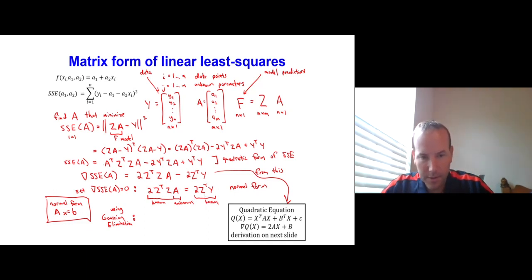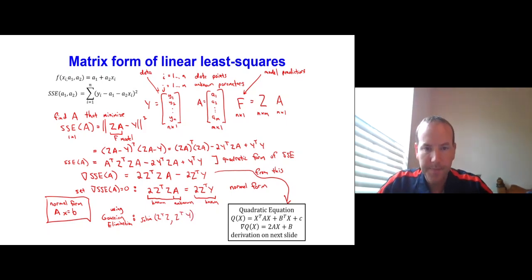And so what we can now do is, using Gaussian elimination, solve for A given Z transpose Z and Z transpose Y. We can put that into NumPy's linalg.solve, or you could solve it using a Gaussian elimination solver.